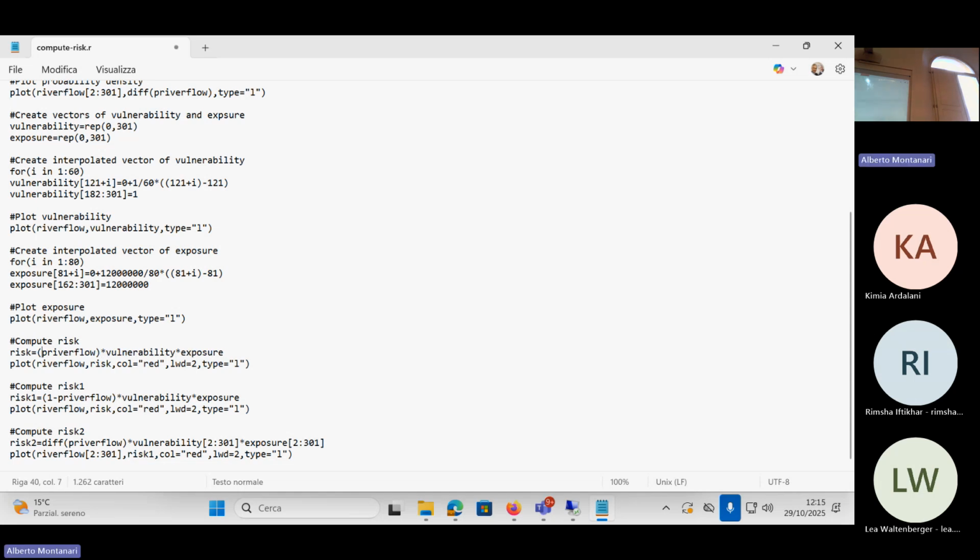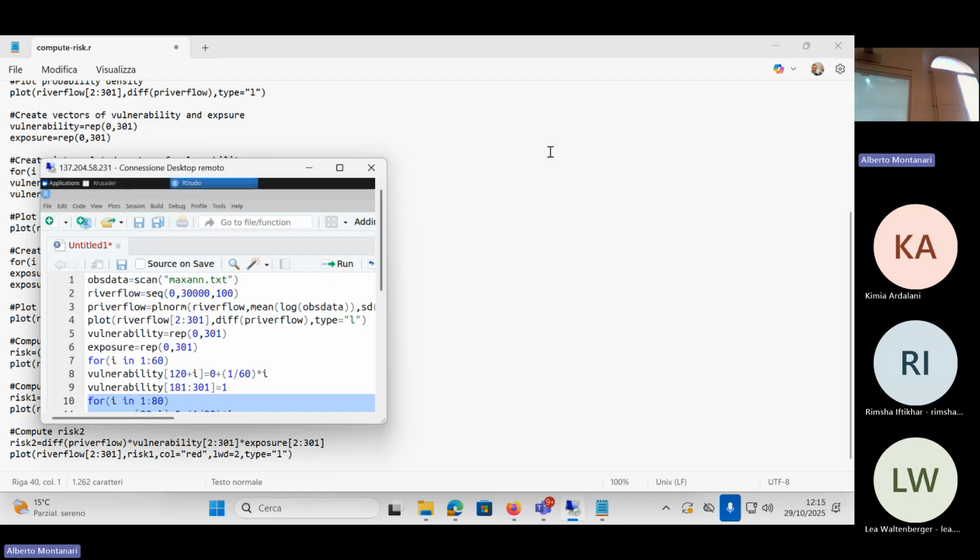Let's compute risk by multiplying the probability, which I have computed, P river flow, which is a probability of not exceedance, remember, times vulnerability times exposure. Okay, and then we make the plot. So risk is computed in this way.